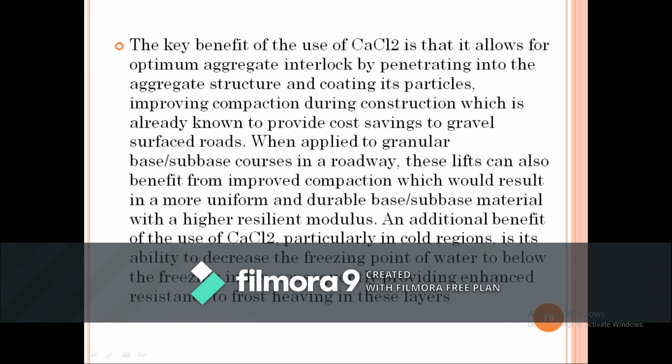So the key benefit of use of calcium chloride is that it allows optimum aggregate interlock by penetrating into aggregate structure and coating its particles, improving compaction during construction, which is already known to provide cost saving to gravel surface roads. So what is the main thing? There is an interlocking of aggregate that is being caused because of calcium chloride.